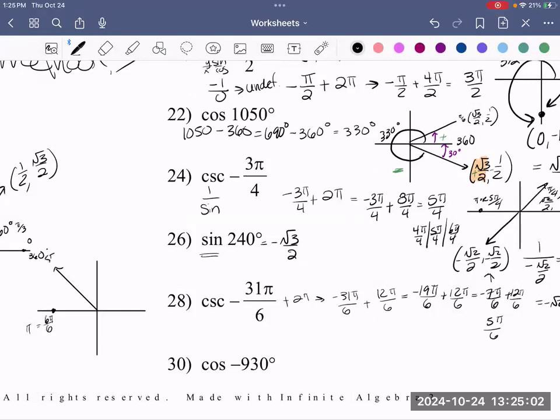So we are at 5 pi over 6. Your reference angle here at pi over 6 is root 3 over 2 and 1/2. So ours being a negative x and a positive y, and we're looking at cosecant, which is 1 over your sine value. So 1 over 1/2, which is equal to 2.